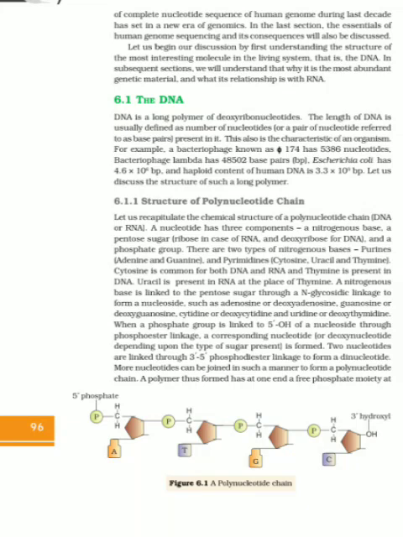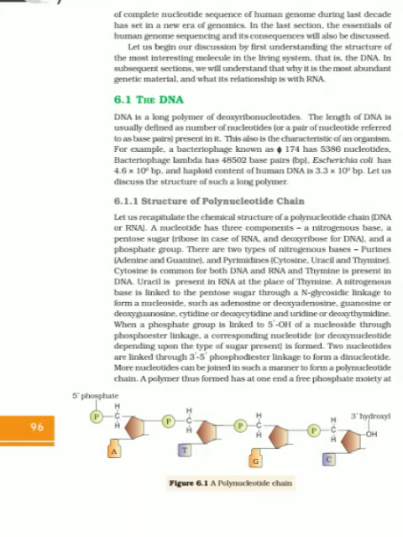Structure of polynucleotide chain. Let us recapitulate the chemical structure of a polynucleotide chain, DNA or RNA. A nucleotide has three components: a nitrogenous base, a pentose sugar, which is ribose in case of RNA and deoxyribose for DNA, and a phosphate group. There are two types of nitrogenous bases: purines, adenine and guanine, and pyrimidines, cytosine, uracil, and thymine.